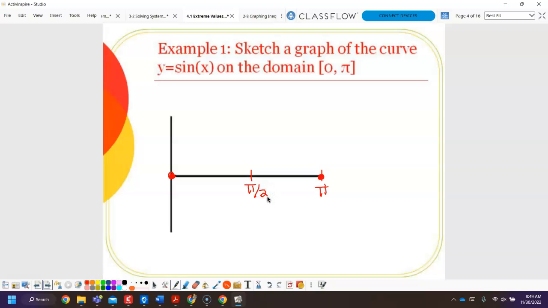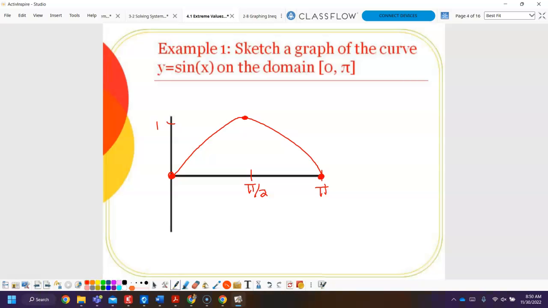Pi halves represents 90 degrees. The sine of pi halves, or the sine of 90, is 1. So the sine function increases from 0 to pi halves, hence it is positive, and then decreases from pi halves to pi. So in that quadrant, my y values are still positive.